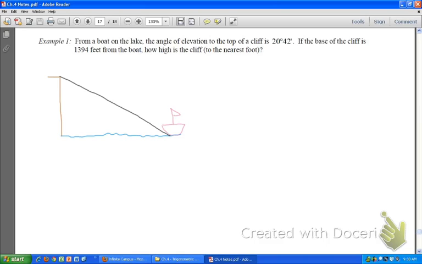Yep. So you will divide by 60 on that. That will give you 20.7 degrees. So that's the degree measure that I'm going to go ahead and put in my diagram. Okay?